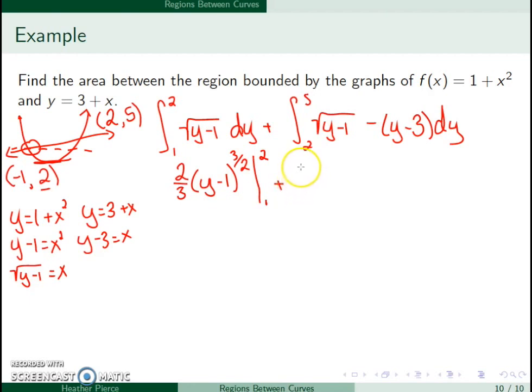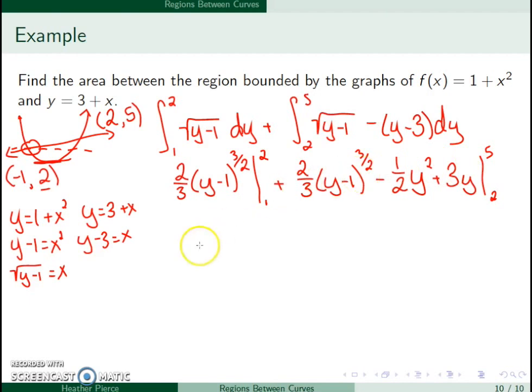And the second integral, I would have 2/3 times y minus 1 to the 3 over 2 minus 1/2 y squared plus 3y. And this moves between 2 and 5. Evaluating this, we would get 4.5 once again.